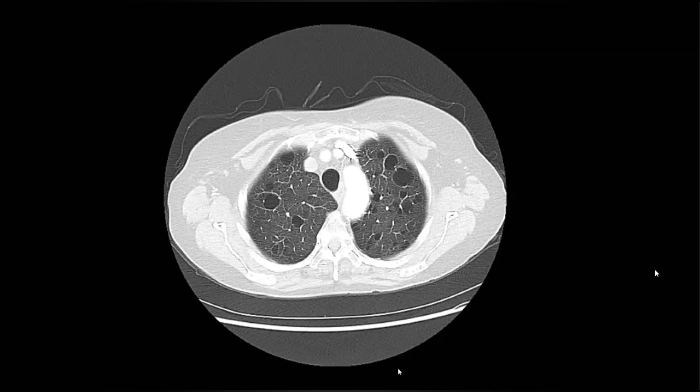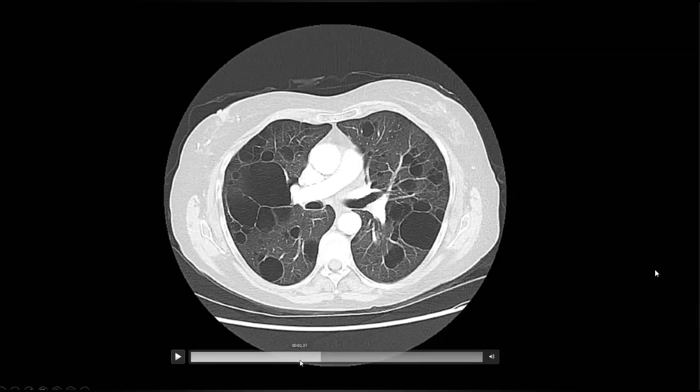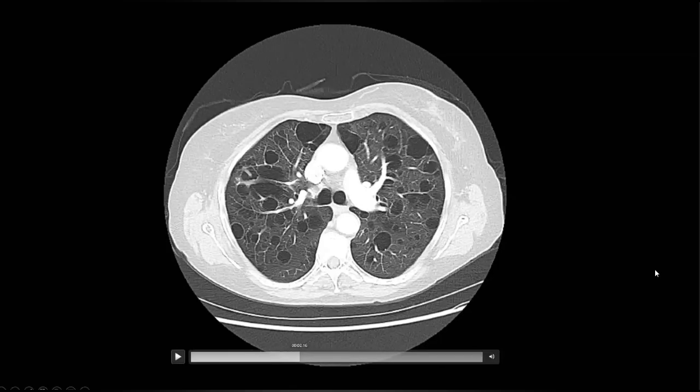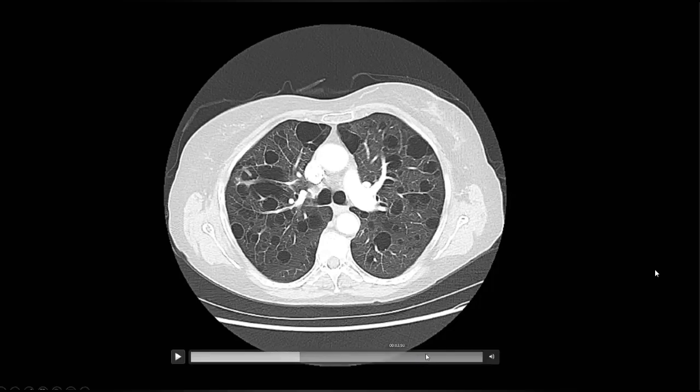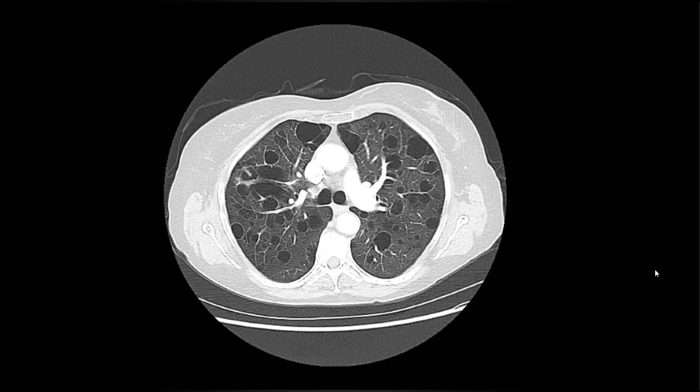I would also like to look at the further images to see evidence of any effusion, chylous effusion, which is also associated, or any sign of pneumothorax. I will also look for its associations, like any lymphangioma in the anterior mediastinum, or I will correlate with the history of tuberous sclerosis in this patient.